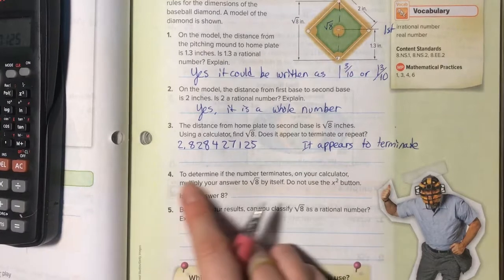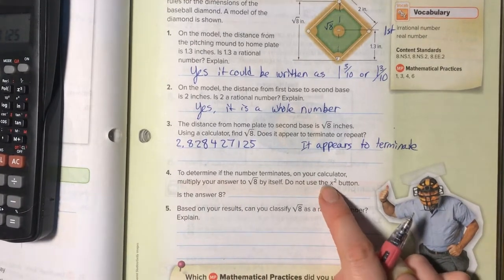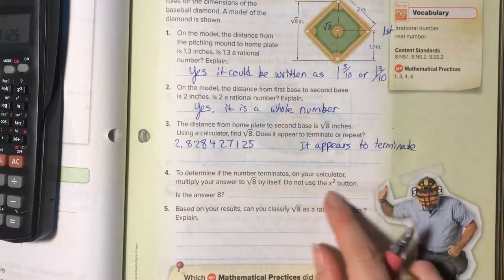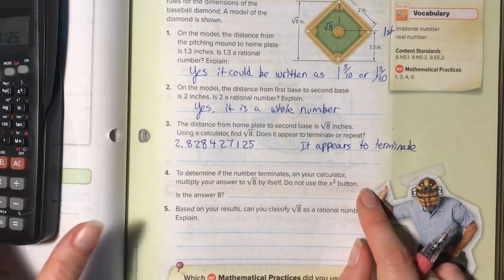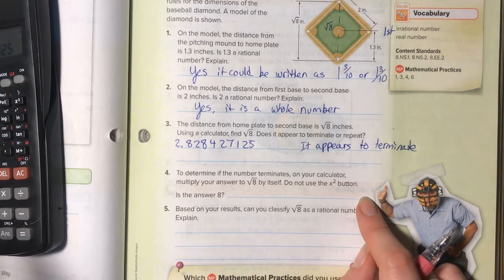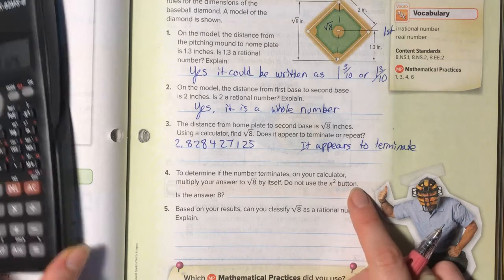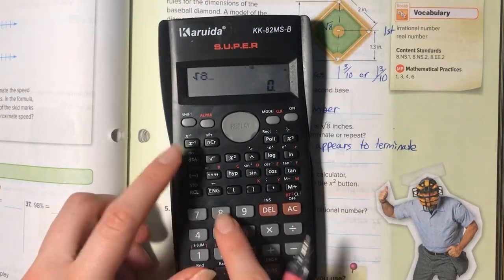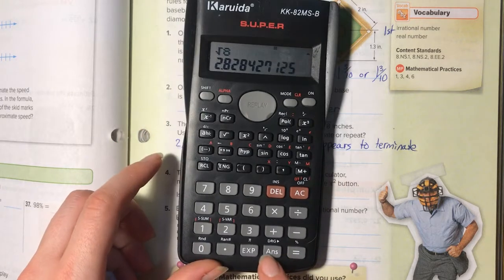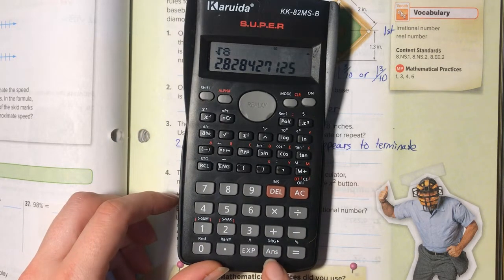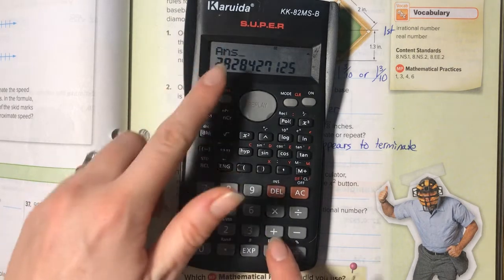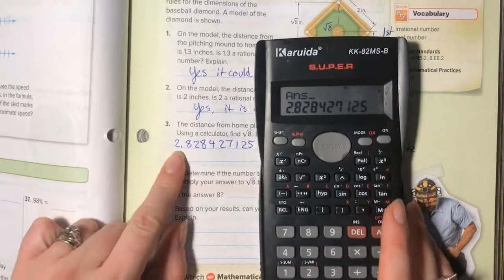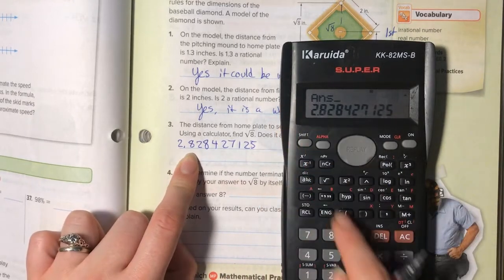Now it says, to determine if the number terminates or ends on your calculator, multiply your answer, square root of 8, by itself. Do not use the x squared button. So basically, you're doing square root of 8, and my button will have an answer button, which just means it's transferring the answer.